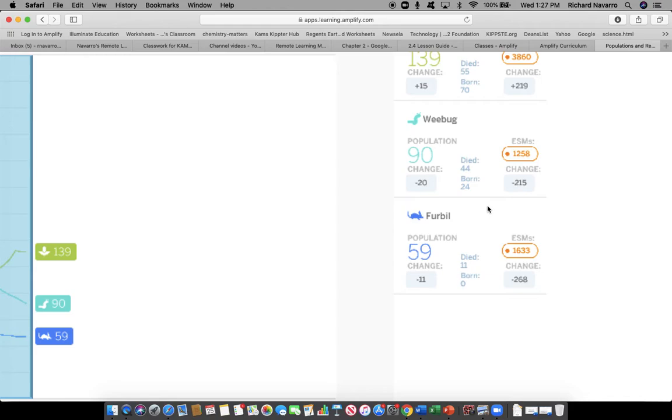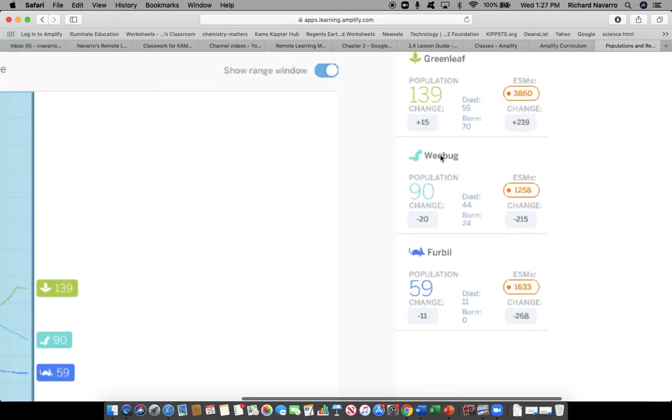So when we look at this data, you can see that the wee bug deaths have jumped. They've gone up to 44.